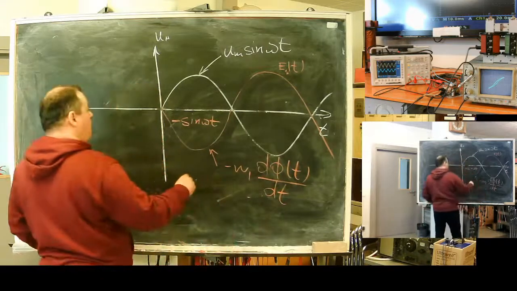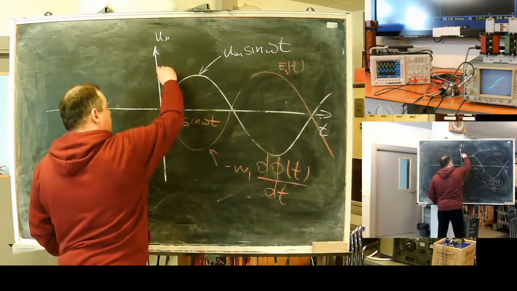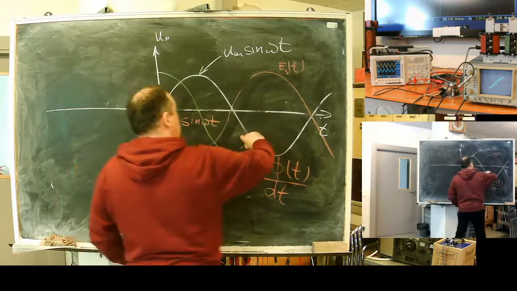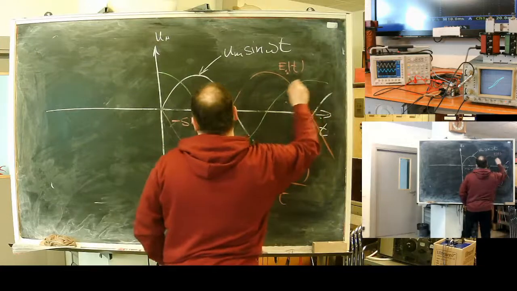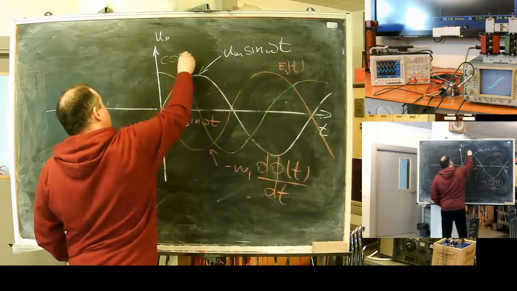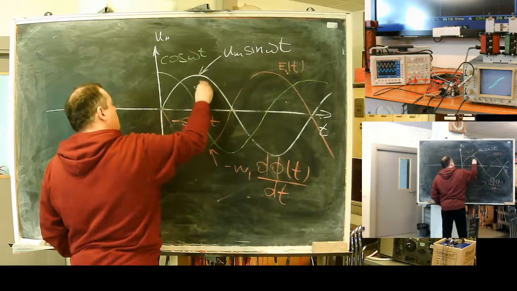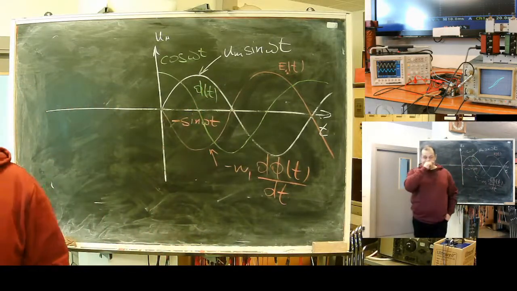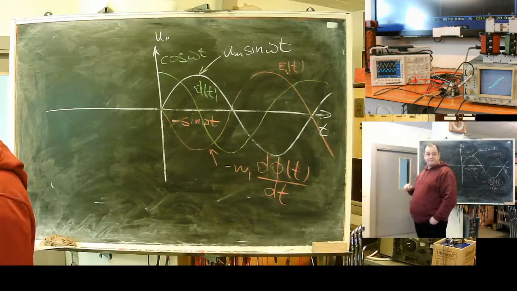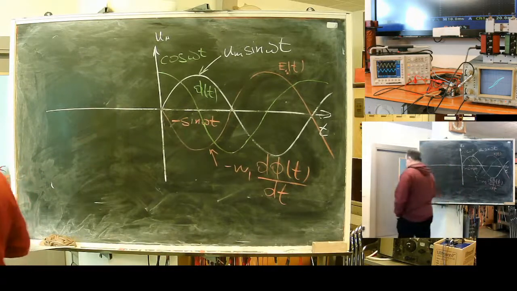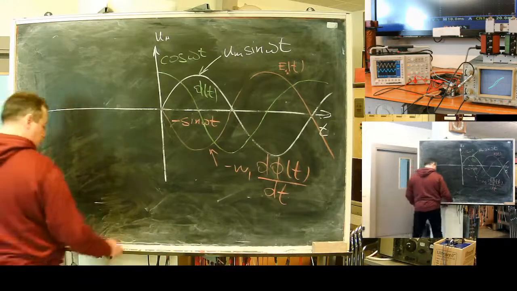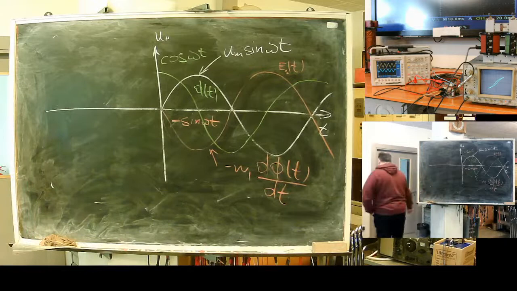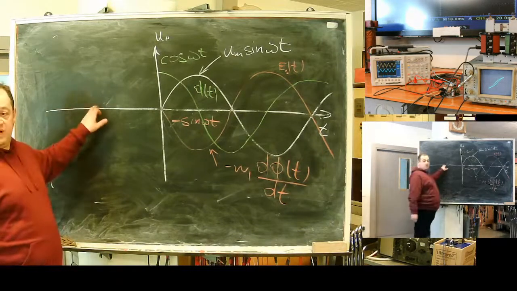So this means that the flux is cosine omega t. The green line is the flux. Nice. And now, why did I leave this space?